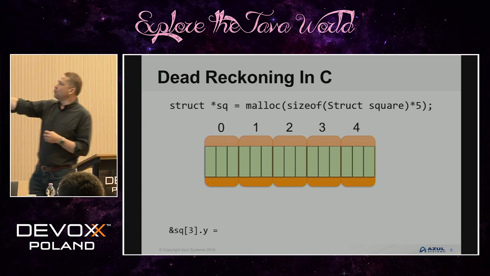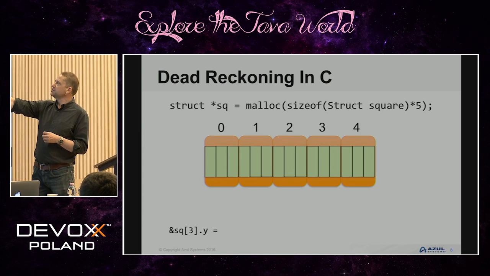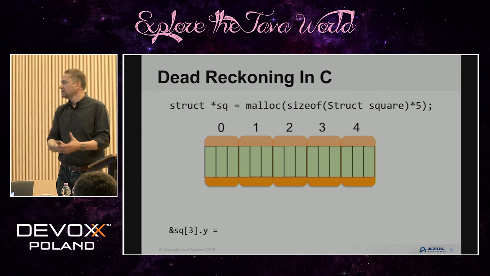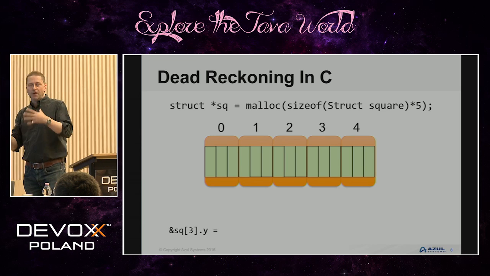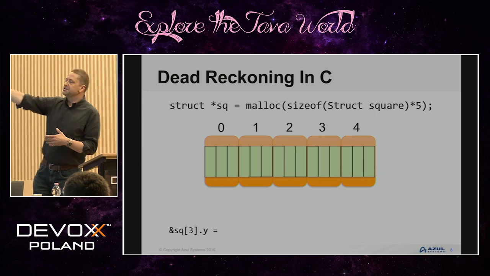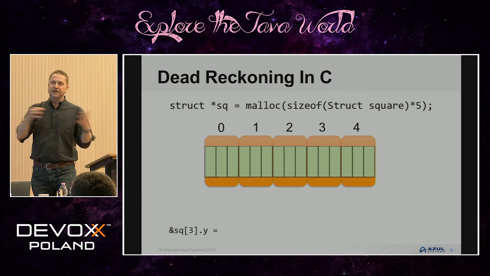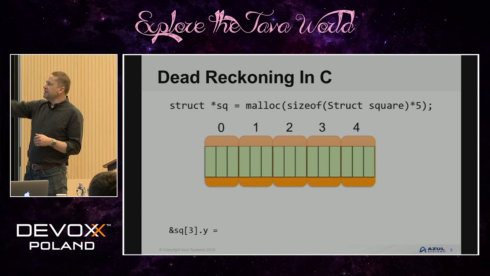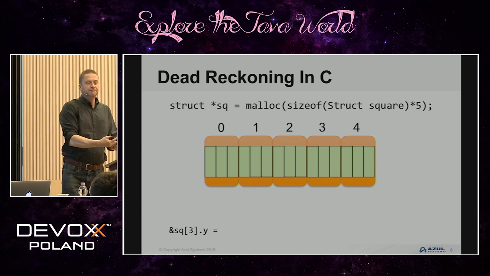Let's say I want to get to the 4th element in my array, and I want the y value associated with that. The first thing is I have to remember that I'm a computer rather than a human, so I start counting from 0. So the index is actually 3 rather than 4. Well, unless you're a Pascal programmer, and then it would be 4. But in this case, it's index 3, which gives us the 4th element.